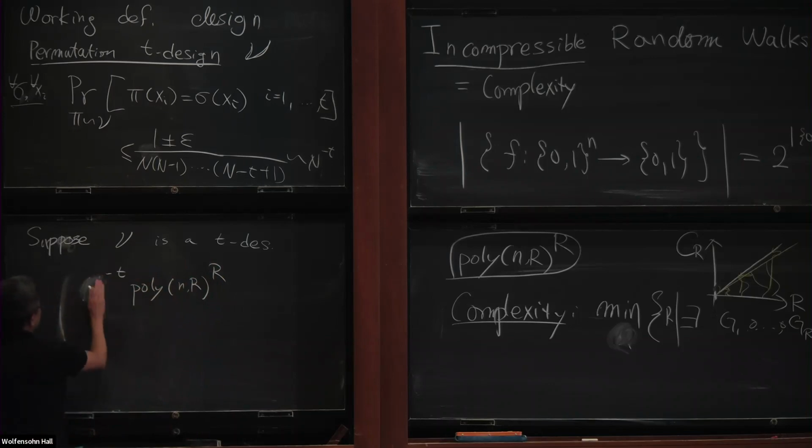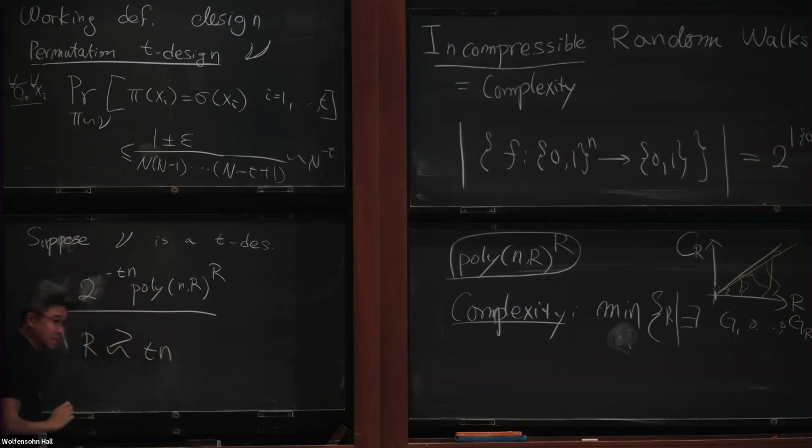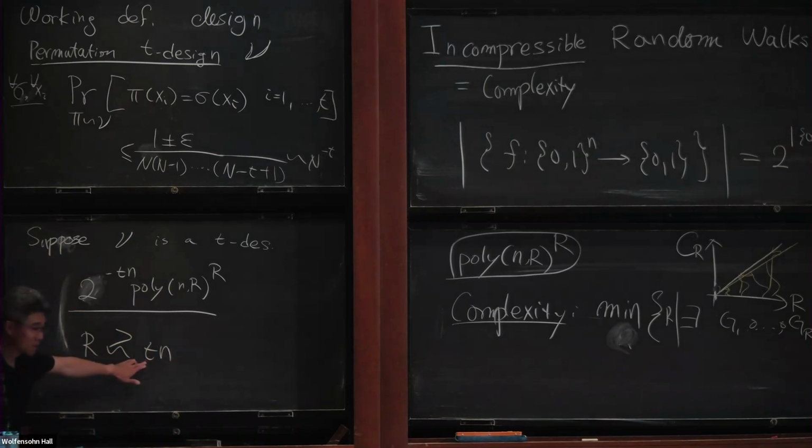And this capital N was 2^n. So in order for this probability to be appreciable, my R has to be at least t times n. So my permutation t design has the property that if I choose R gates, then my circuit complexity is typically larger than t times n.